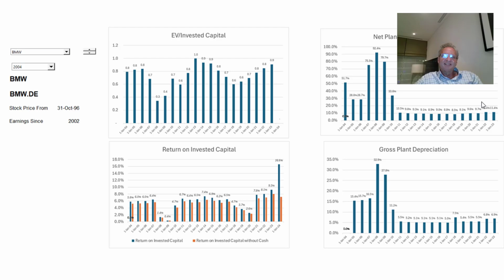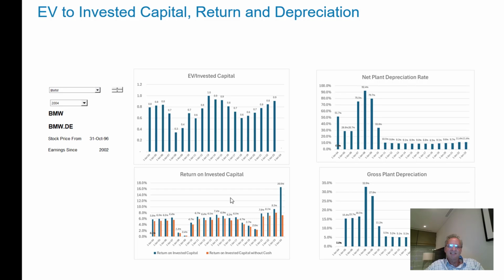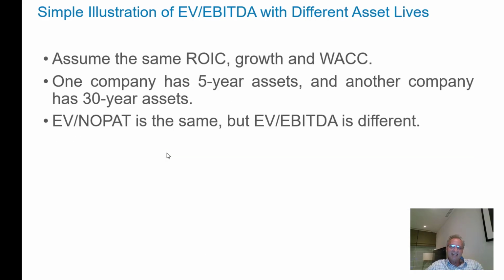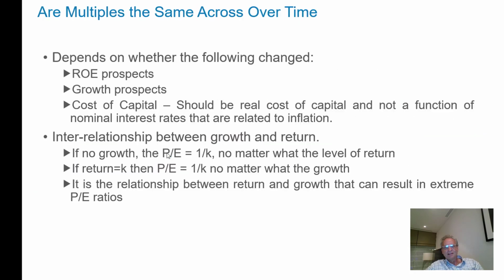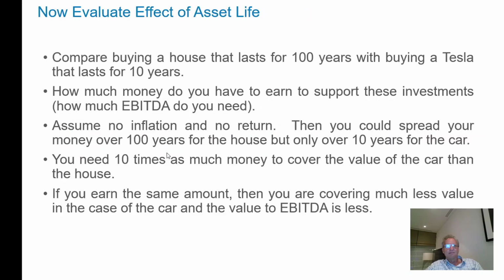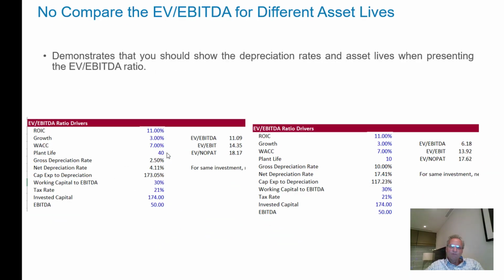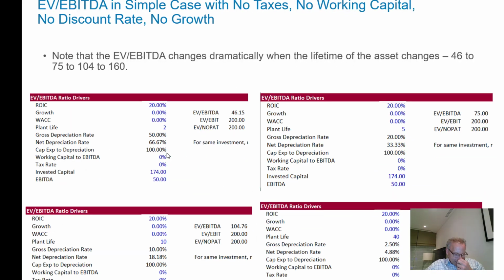So trying to take these EV to EBITDA ratios, and here I suppose when their returns were going down, the PE ratio should have been up when they think the returns are going up and down, and basically it's the change in return that really affects these things. And I've got a couple of other slides, but what we'll really do is do this again.